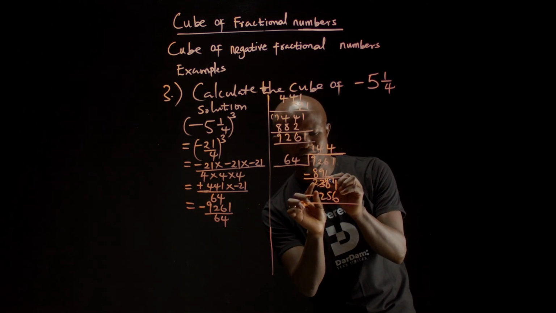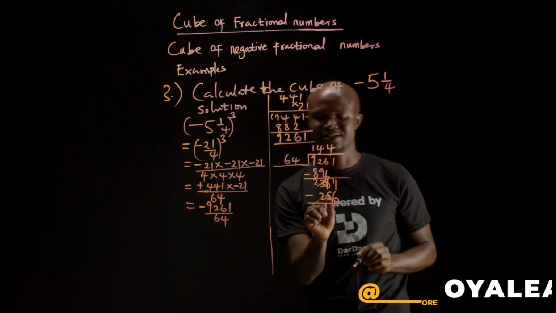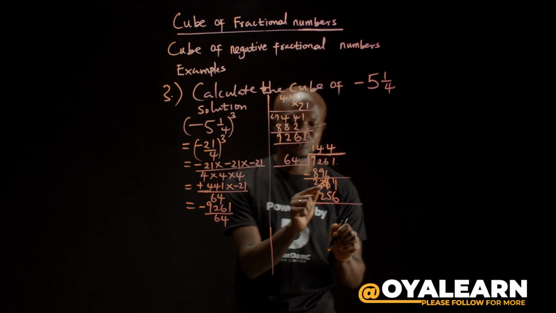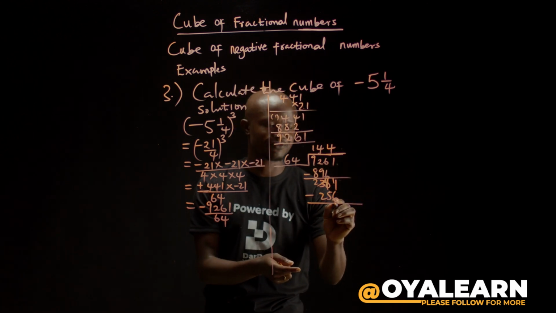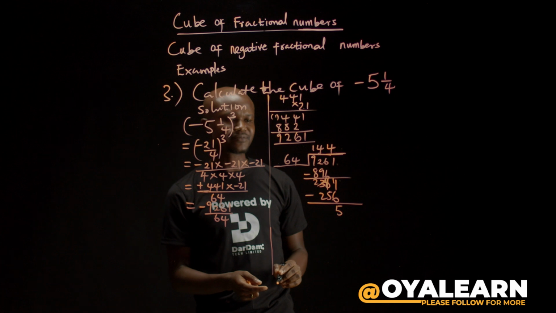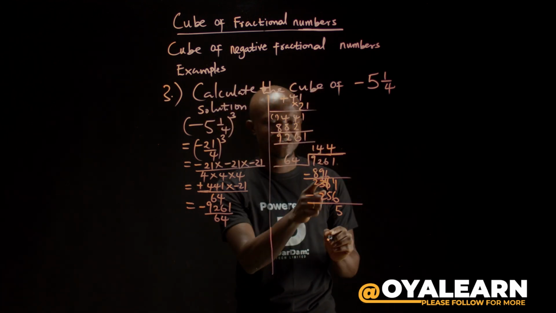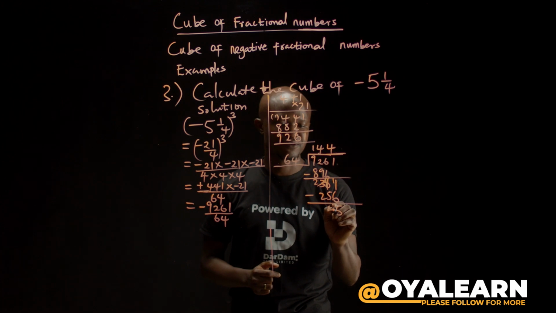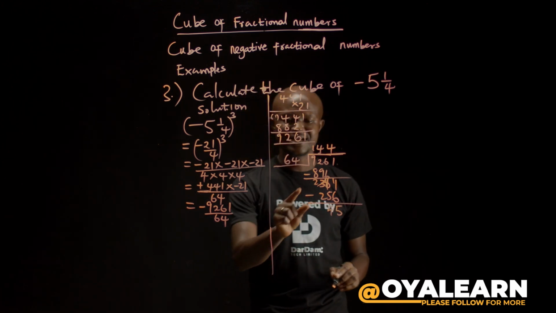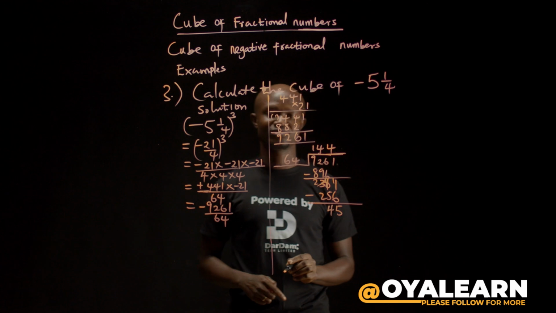So 11 minus 6 is 5. 9 minus 5 is 4. Then 2 minus 2 is 0.